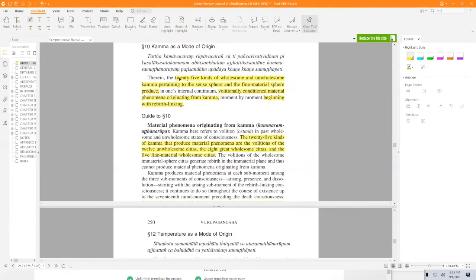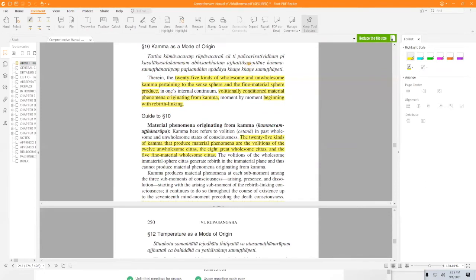Then the text tells us that there are 25 kinds of wholesome and unwholesome karma pertaining to the sense sphere and the fine material sphere, which produce in the internal continuum.